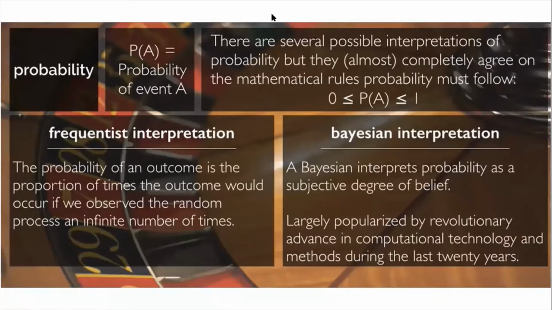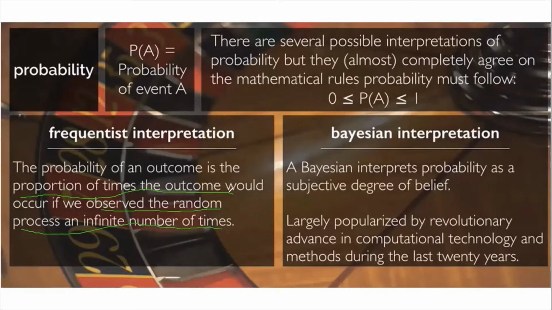So let's see what the frequentist approach is. The frequentist approach defines the probability of an outcome as the proportion of time the outcome would occur if we observe the random process an infinite number of times. I think it's a little bit difficult to understand, but that is how they write it in statistics books.